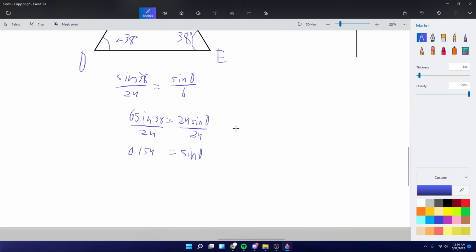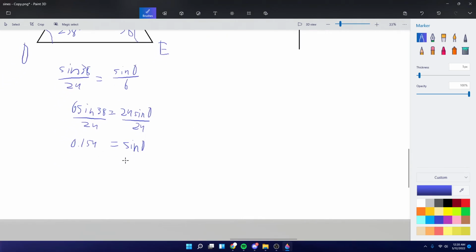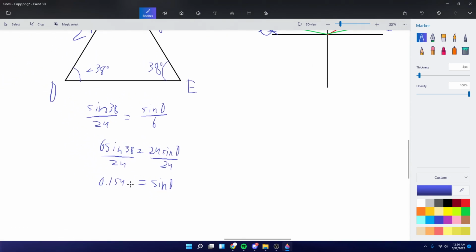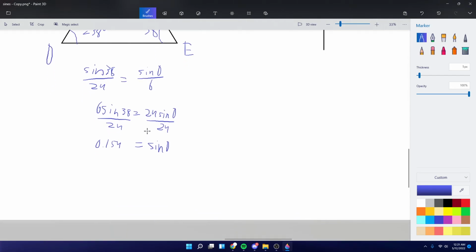So what you can do is much easier. You can just inverse sine whenever the angle you're solving for is less than the angle that's given. And when you do that, you get D is equal to, let me put this in my calculator, 8.85.